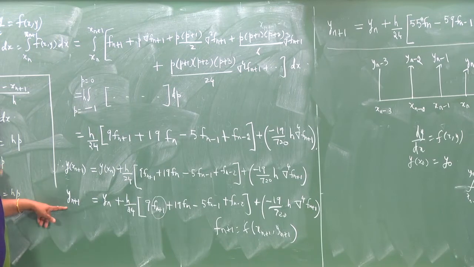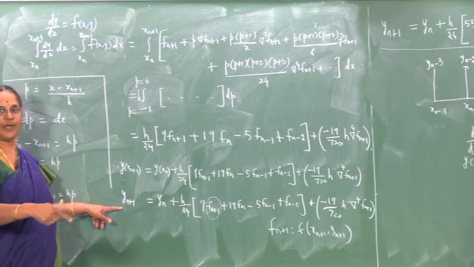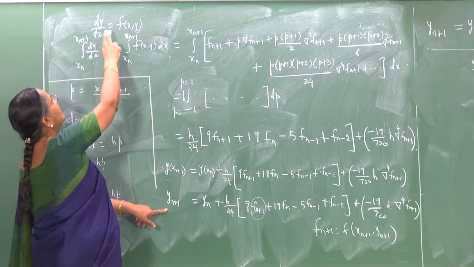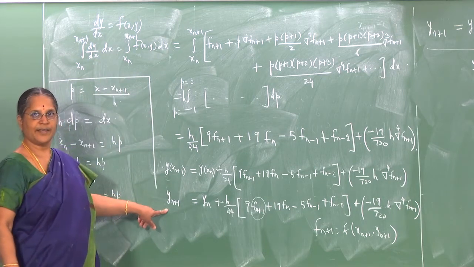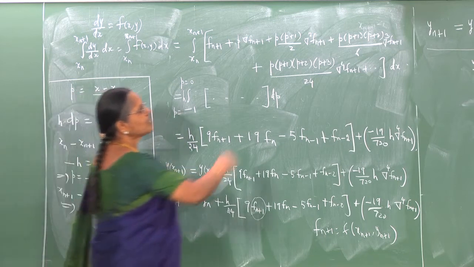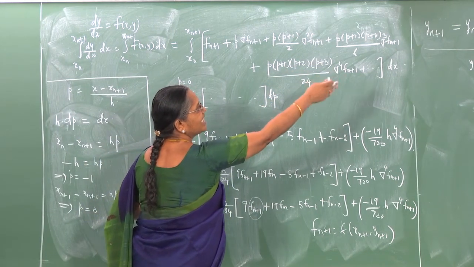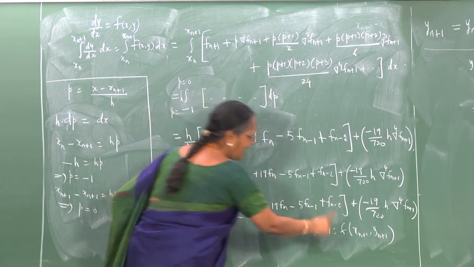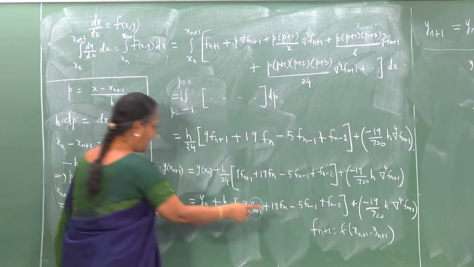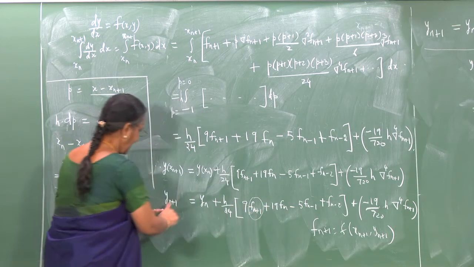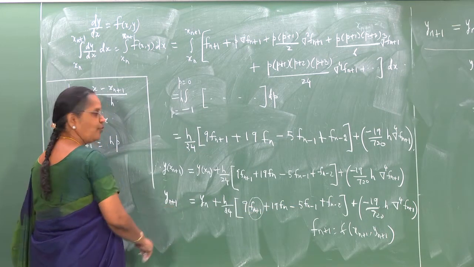This is the second time that we get yn plus 1 at xn plus 1 for the same problem governed by the differential equation. We used the method which we derived earlier to get yn plus 1, that is used here, and in turn fn plus 1 is used here, and that gives you a new value of yn plus 1.